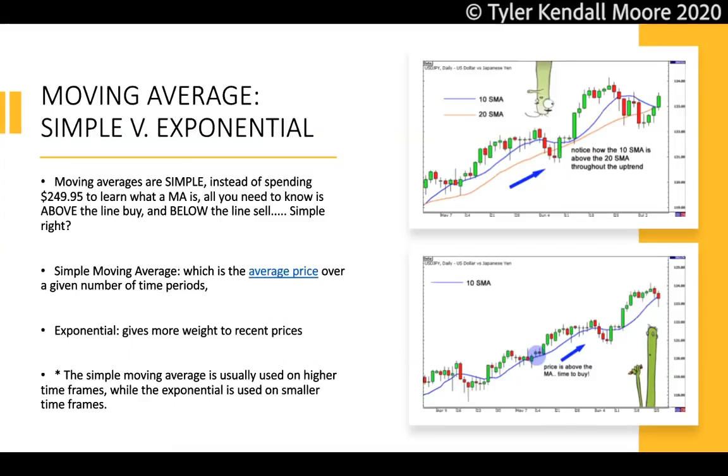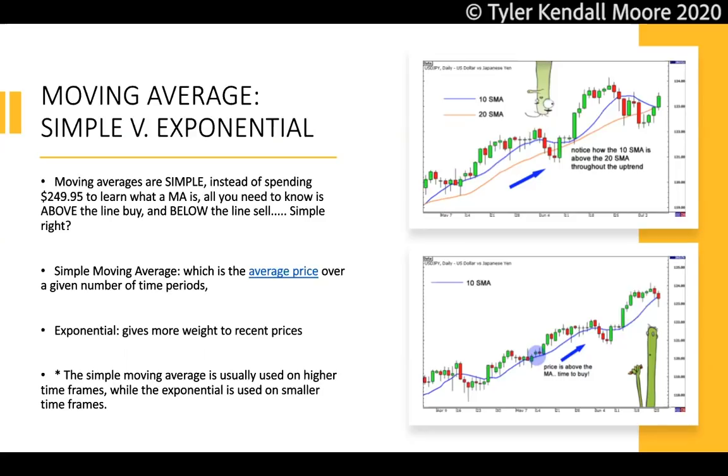So a simple moving average is basically the average price over a given number of time periods. So every time a candlestick moves, the moving average extends itself. All it is is an implication of where price has been over a given number of time periods.